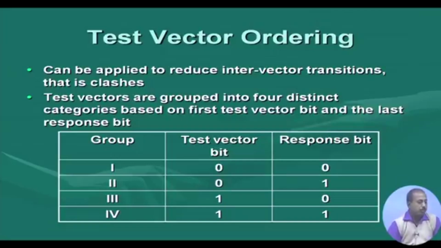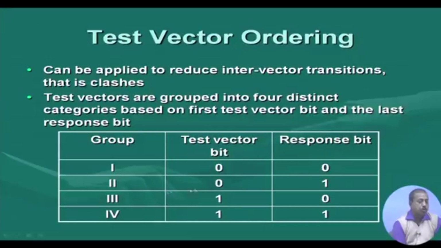By this test vector ordering, we can reduce the number of clashes that are going to occur. How? Let us say that we group the test vectors into 4 groups: 1, 2, 3 and 4. In group 1, we put those patterns whose test vector LSB and response MSB are both 0.